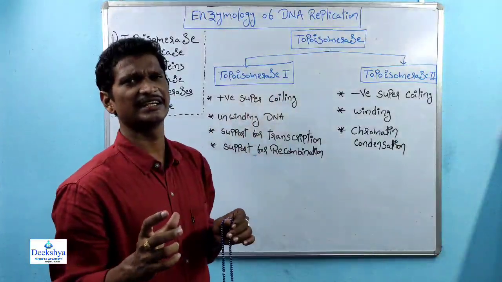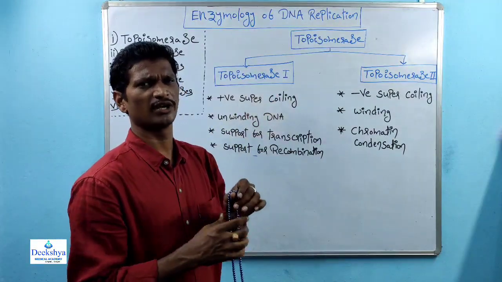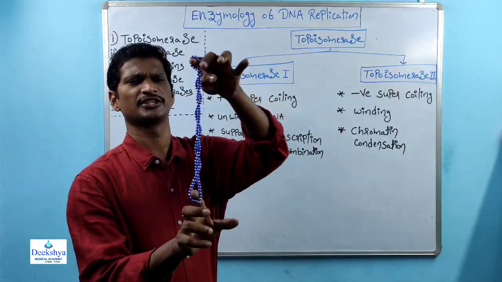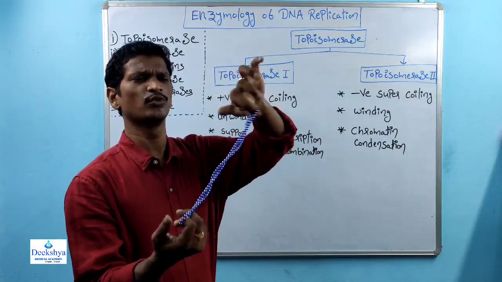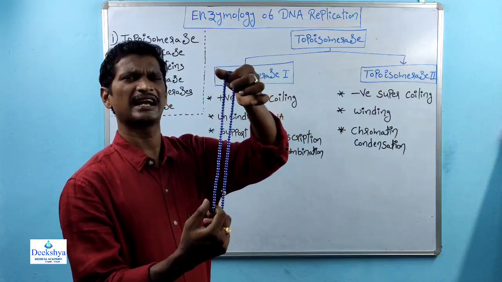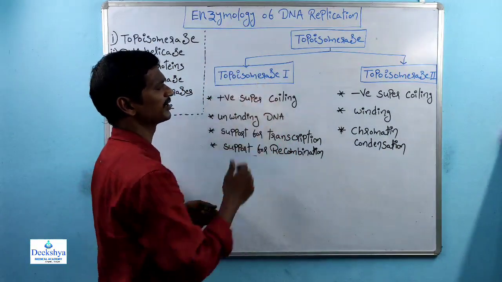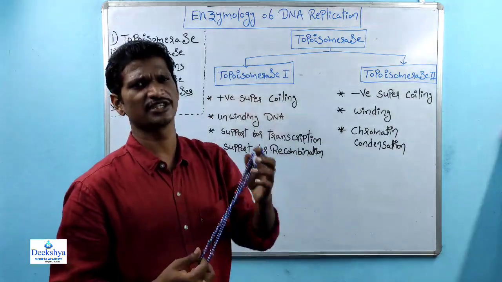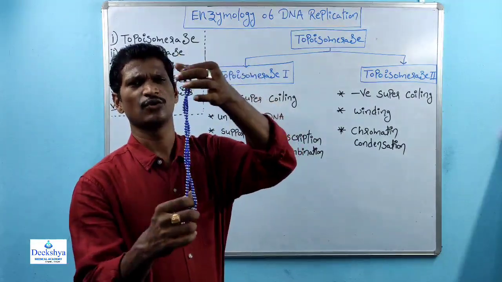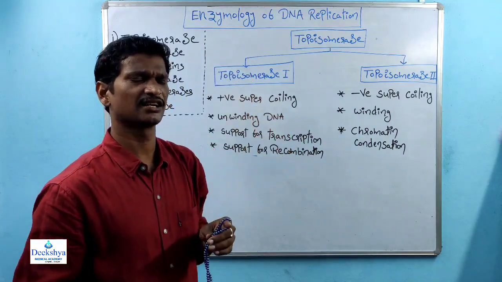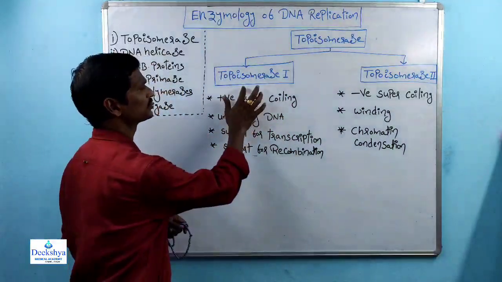Whatever tension the DNA contains, this is the tension state. The tension relaxation is done by topoisomerase 1. The tension relaxation is nothing but the removal of helix-like structures by topoisomerase 1.